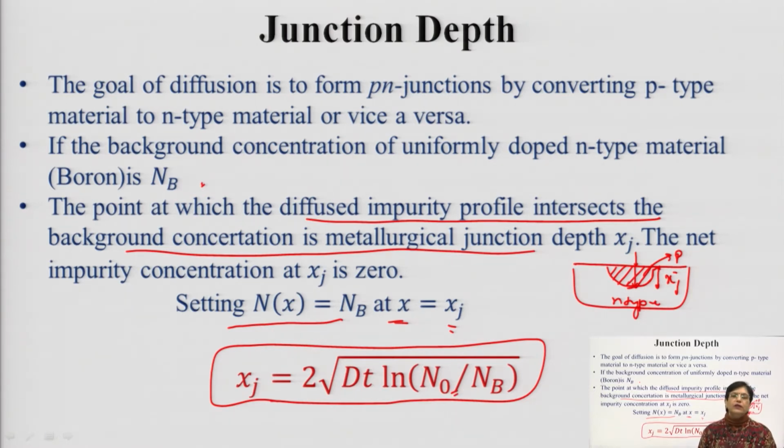It depends upon the background concentration, and secondly, when you are exposing it initially, it is limited by the solid solubility also. These are the two factors you have to keep in mind, and then you go ahead with the diffusion process.